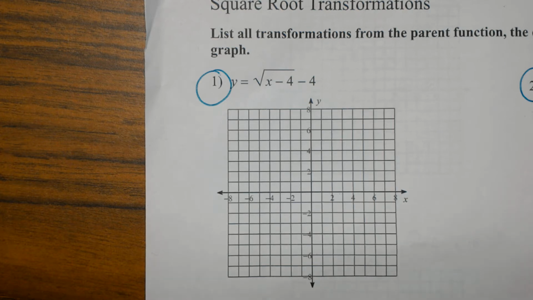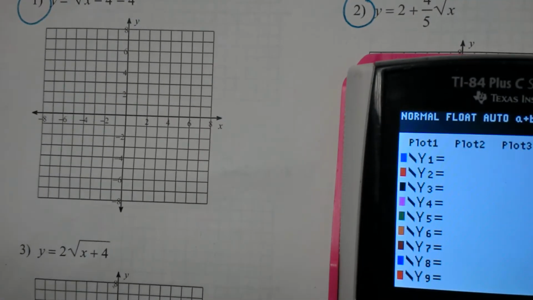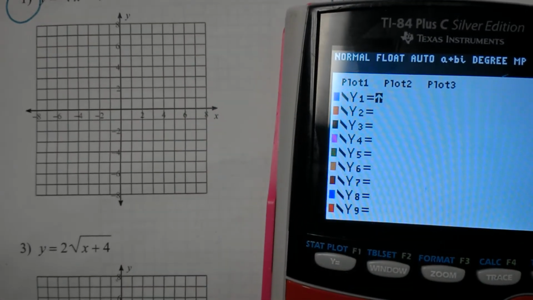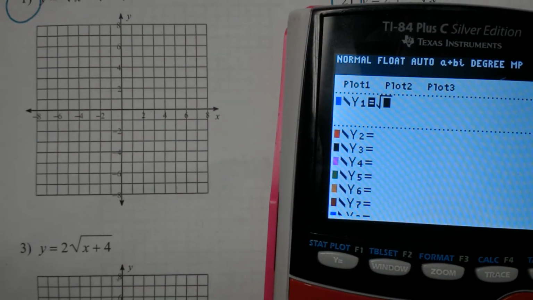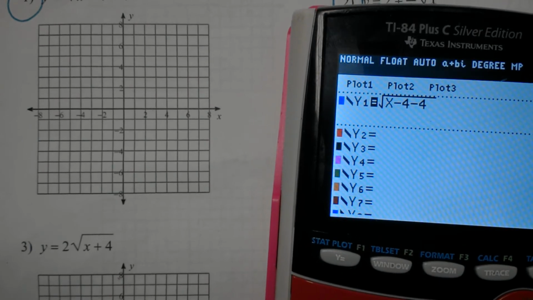So I was mentioning, a thing I saw with number 1 was students not putting the equation correctly into y1. In y1, you are putting in the square root of x minus 4 minus 4. That's not what the equation is saying.